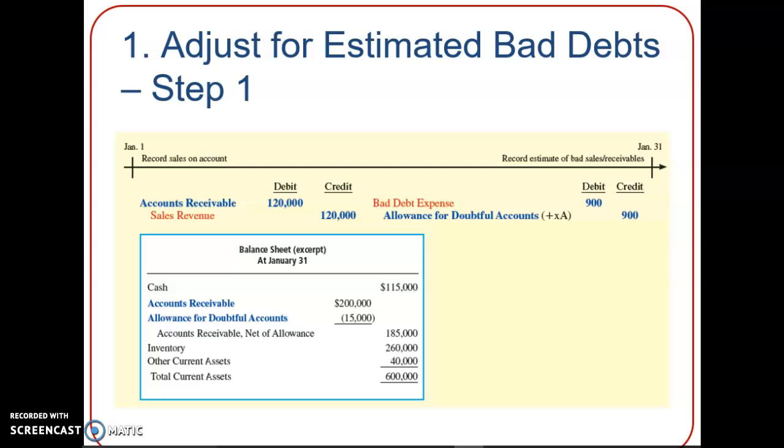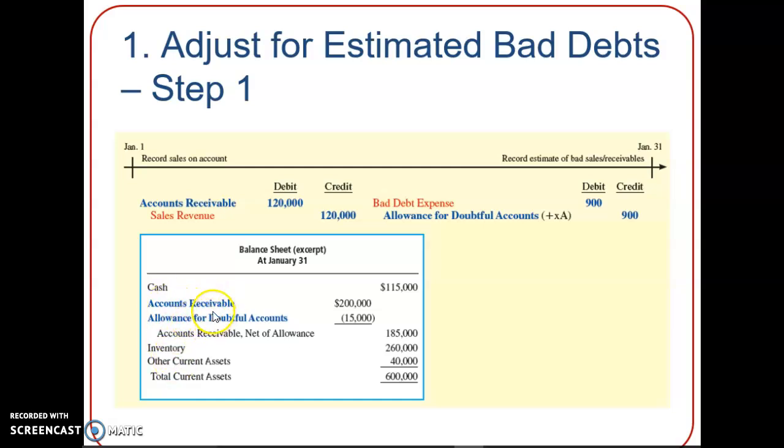So on the balance sheet for the period at January 31st, we have cash, accounts receivable, allowance for doubtful accounts. You notice here that the numbers are different because the balance sheet reflects the total or the ending balance of those accounts.